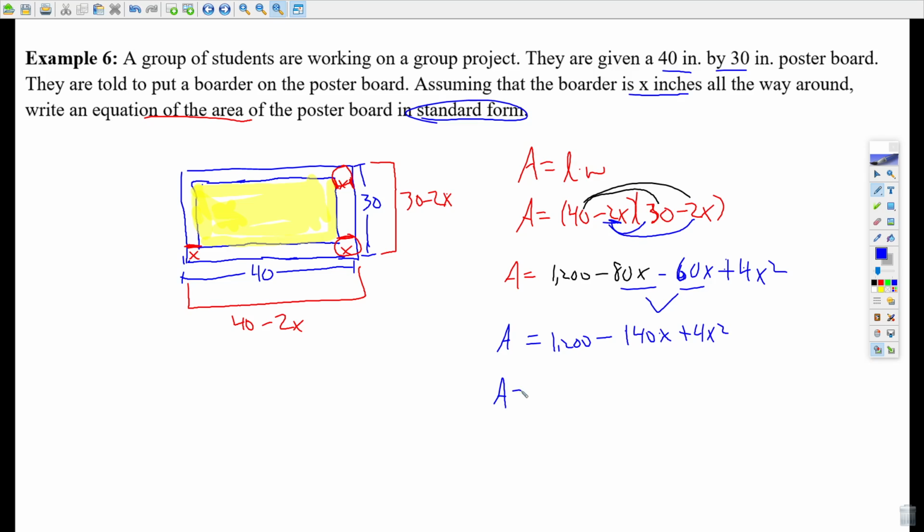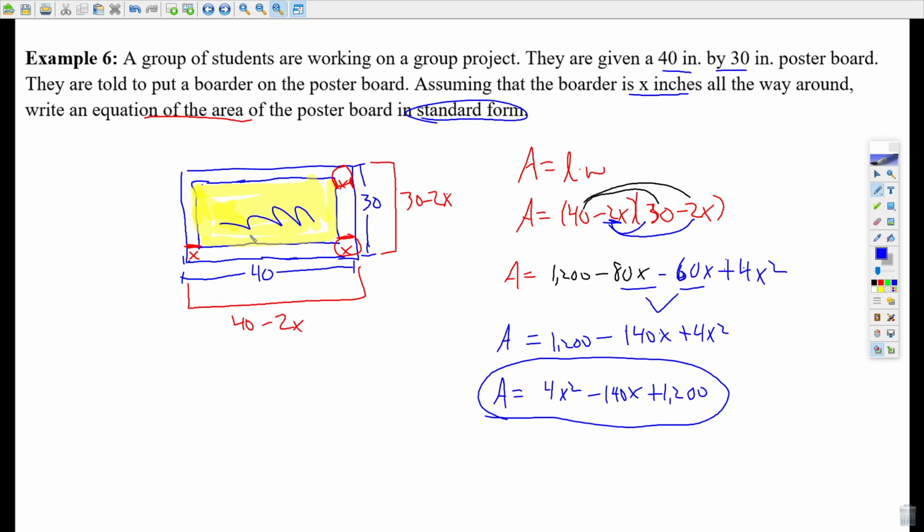So we're going to rewrite this with x squared first. It will be 4x squared minus 140x, and then the 1200 is positive, so plus 1200. And that would be the total area of the inside where you're going to actually put stuff on your poster board. Because remember, this part out here is just a border.